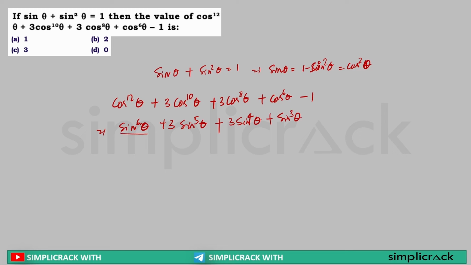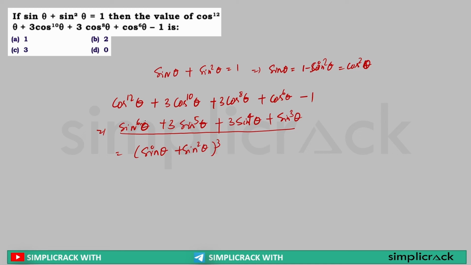Now if I look at this expression, I will understand this is about sine theta plus sine square theta whole cube. Now try this. Sine theta cube is equal to sine cube theta.